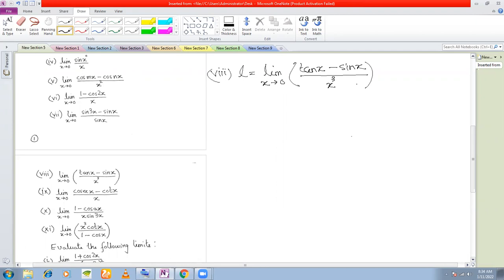Okay. Now, first of all, we change tan to sine and cos. So we write tan x is equal to sine x by cos x. Okay. Now we take the LCM in the numerator.